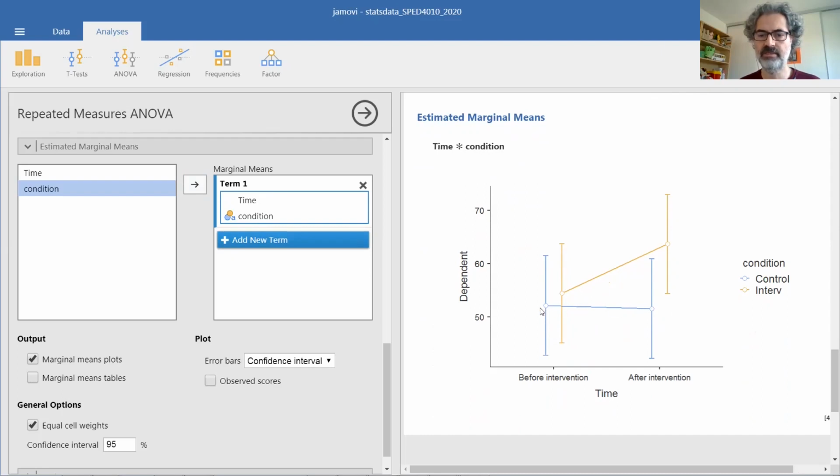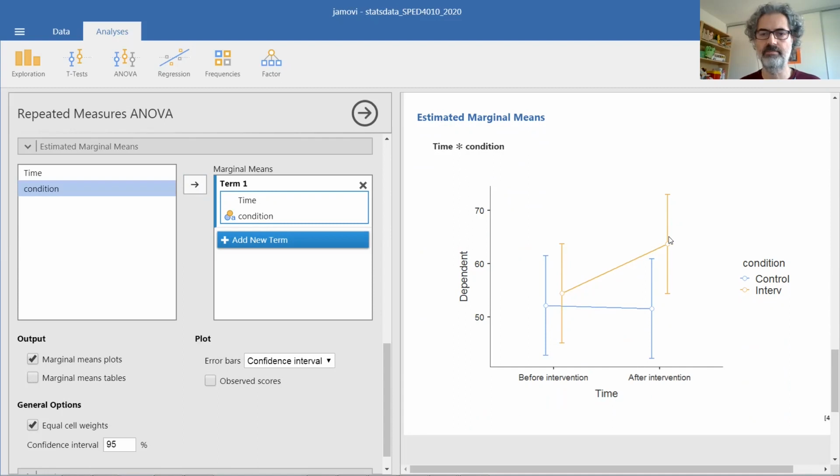This one seems approximately horizontal, and this one seems to be going up. This makes sense because this is the control condition, and there doesn't seem to be any change from before to after intervention because there wasn't much time between the two measurements. However, for the intervention condition, we see an increase in scores.